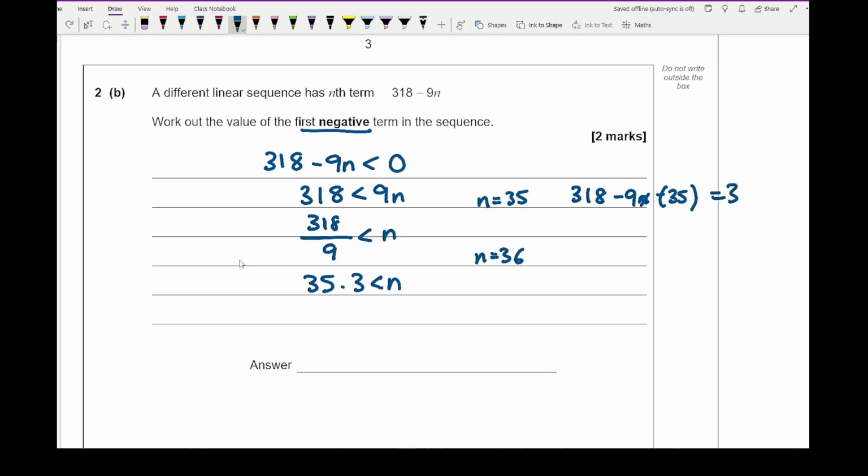So that's not going to be my negative term. If I double check, 318 minus 9 lots of 36 gives me an answer of minus 6. So the first negative term is going to be our 36th term, which is minus 6.